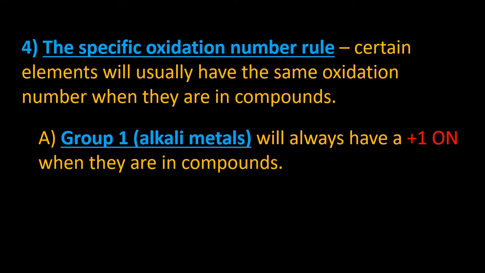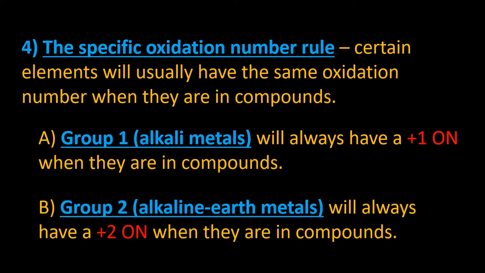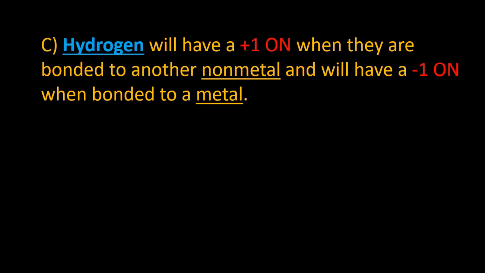Okay, now there are actually a number of specific oxidation number rules, which basically means that those elements will have the same oxidation number over and over again, no matter what, with few exceptions, if they are in compounds. Okay, first off, group 1, the alkali metals. The group all the way to the left on the periodic chart, group 1A.